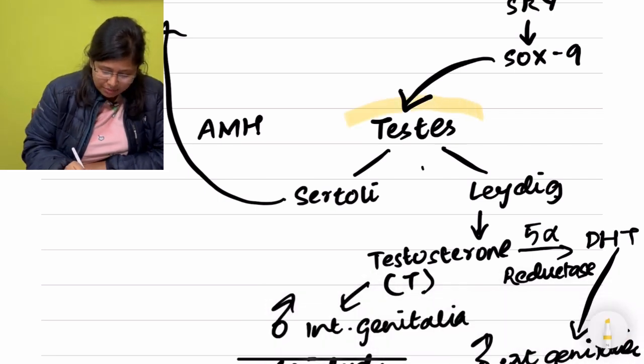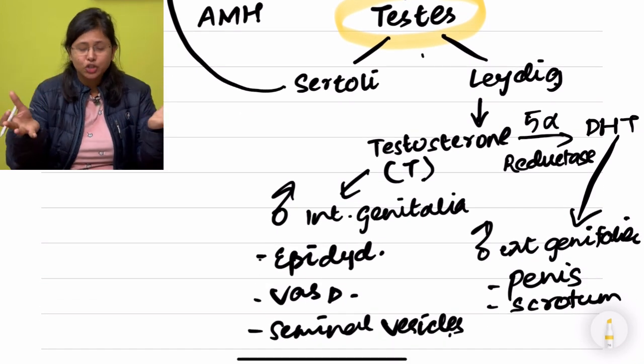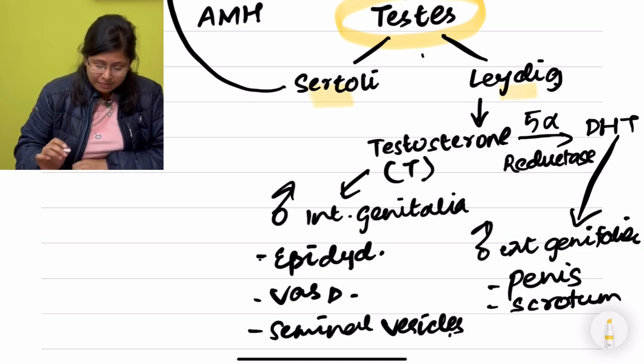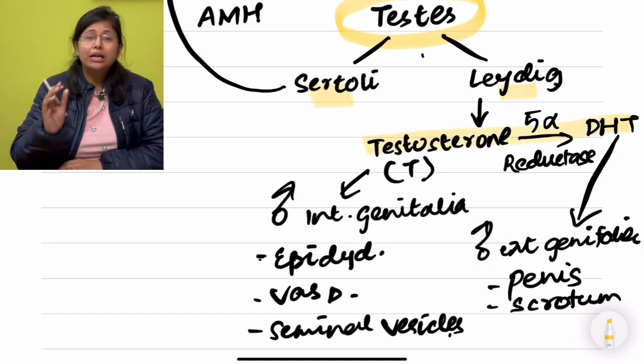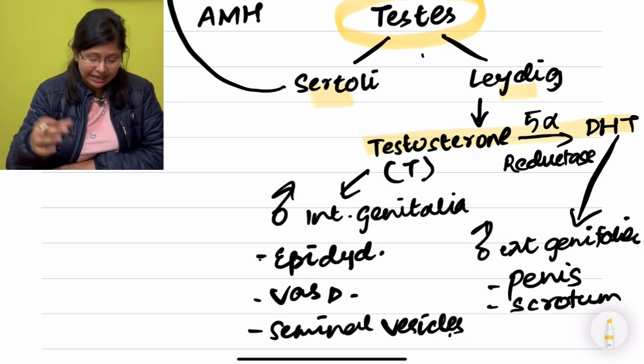One problem is at the level of the testes, where the testes does not have functional cells, for example a problem in the Sertoli cells and Leydig cells. The other problem is that either testosterone or DHT are not being secreted, or there is a problem in their action. Depending on that, we might have different clinical scenarios.